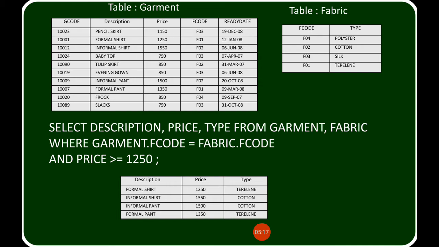In the second row, if you see informal shirt, which is costing 1550, having the F code as F02, and if you relate this in the fabric table, you will get F02 is cotton. So like this, you will get the information from two different tables by using this equijoin.